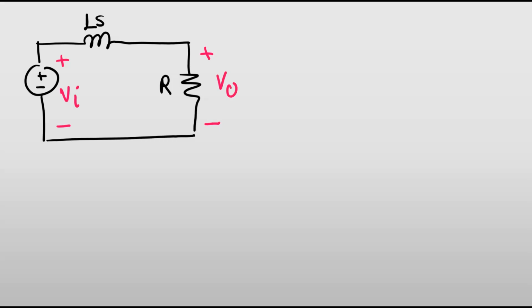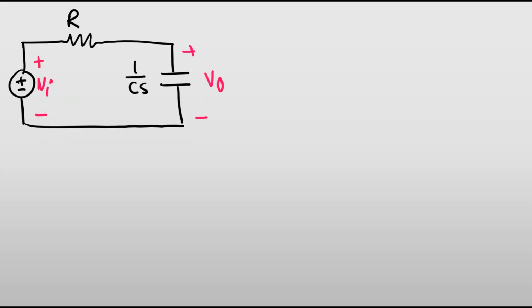In the first circuit, which is an RC circuit, I want to look at the transfer function that describes my output VO and my input VI. In this circuit, you can see that the voltage VI is being divided between the resistor and capacitor.